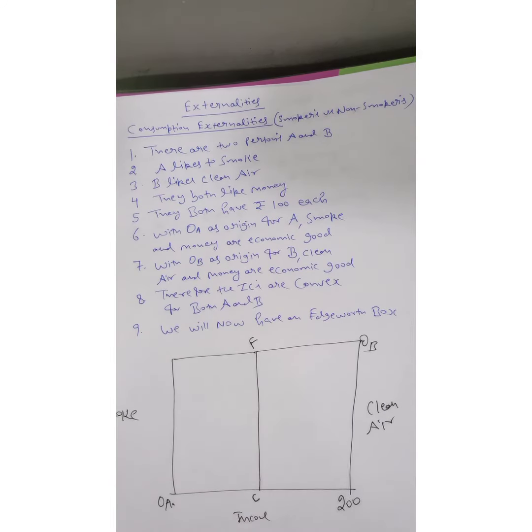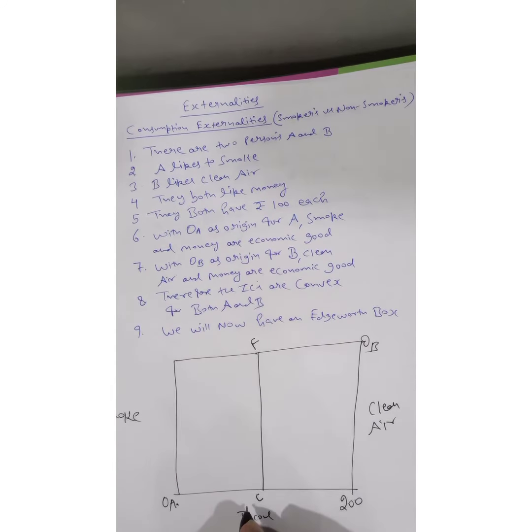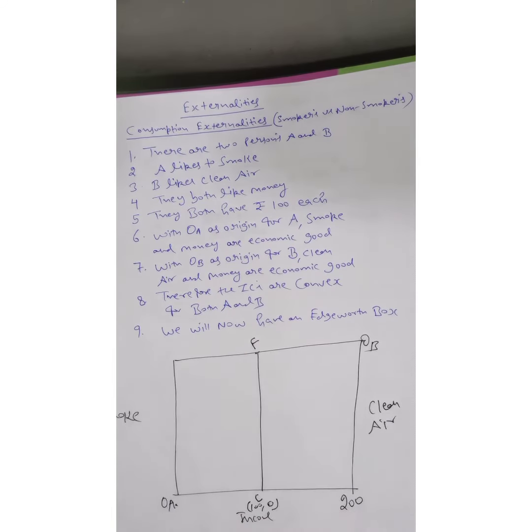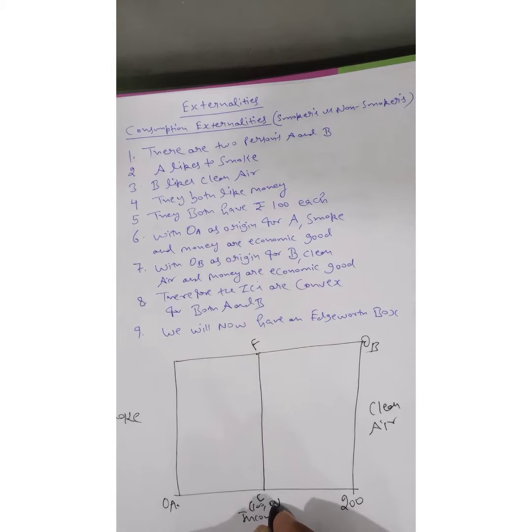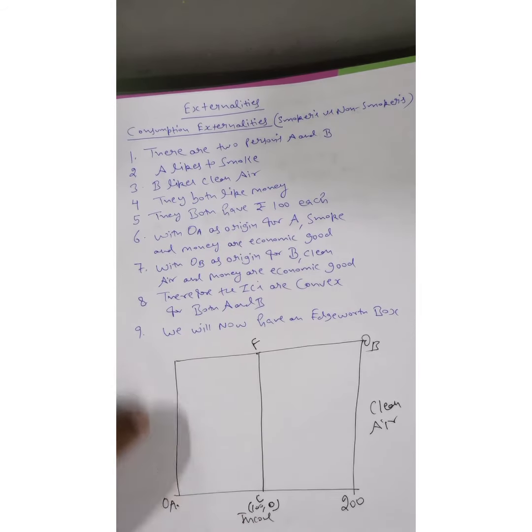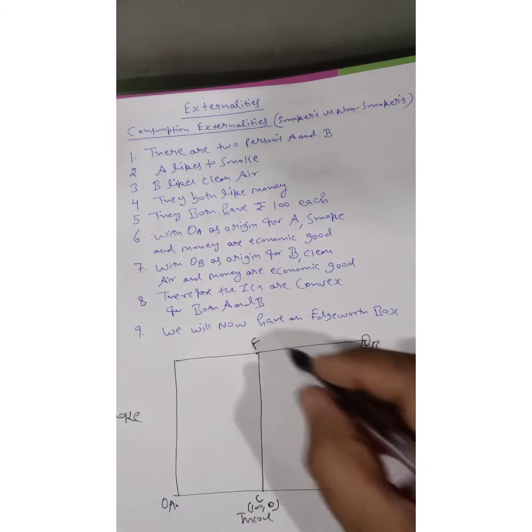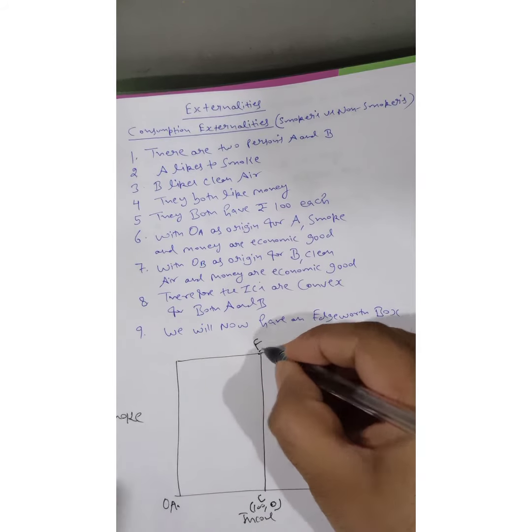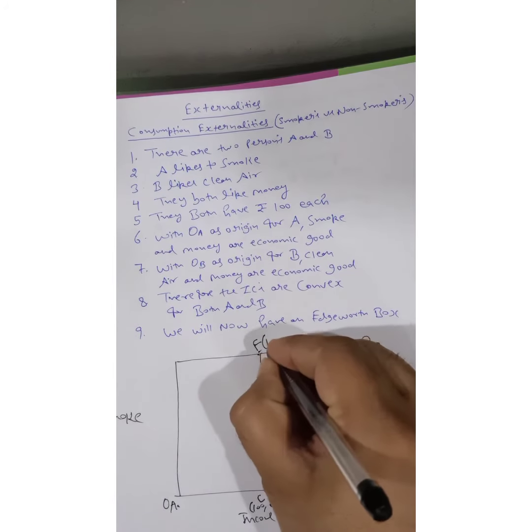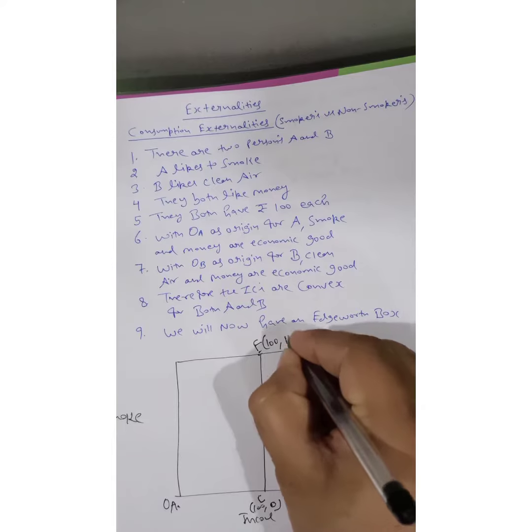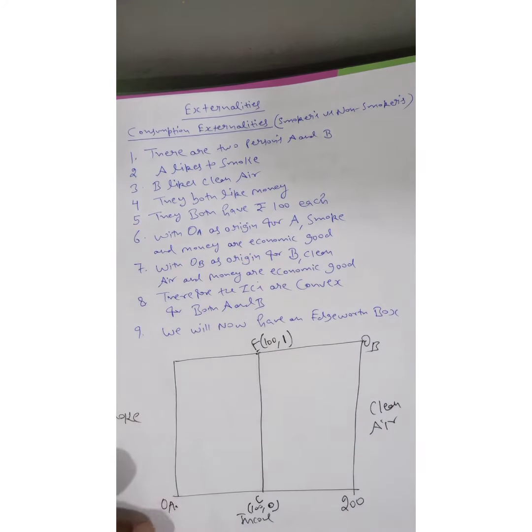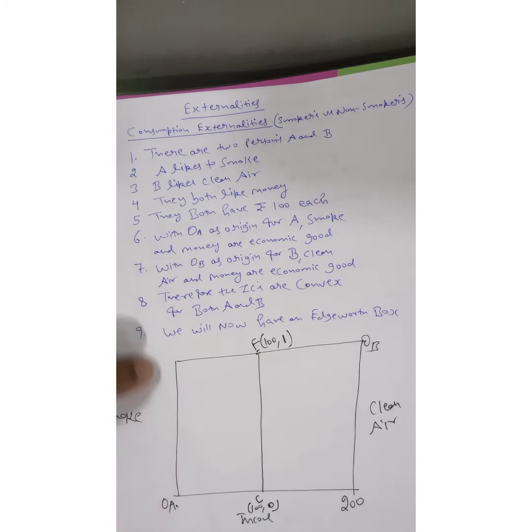This C shows from A's point of view that he has 100 bucks and 0 smoking, because here it will be 0 smoking. But if you look at point F, again from the point of view of A, A will have 100 bucks and full smoking rights. This one is showing that full smoking is there.